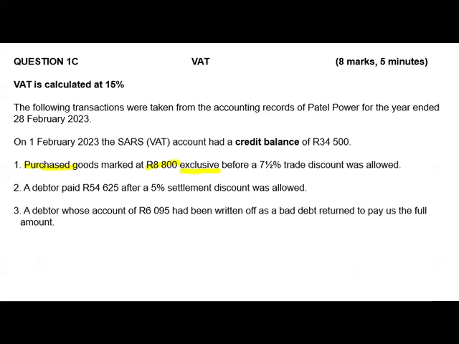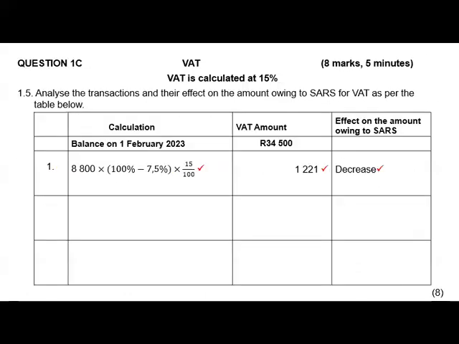Once you have calculated the VAT amount, you can decide whether that VAT amount is VAT input or VAT output. In this specific example, that 375 will be VAT input. Discount allowed is an expense. VAT on the expense will be VAT input. Got it? Let's move on to the next one.